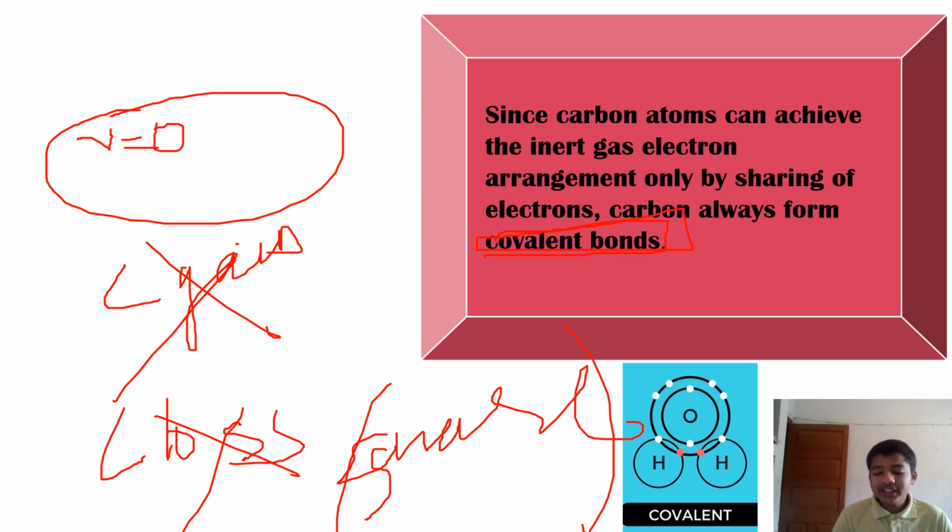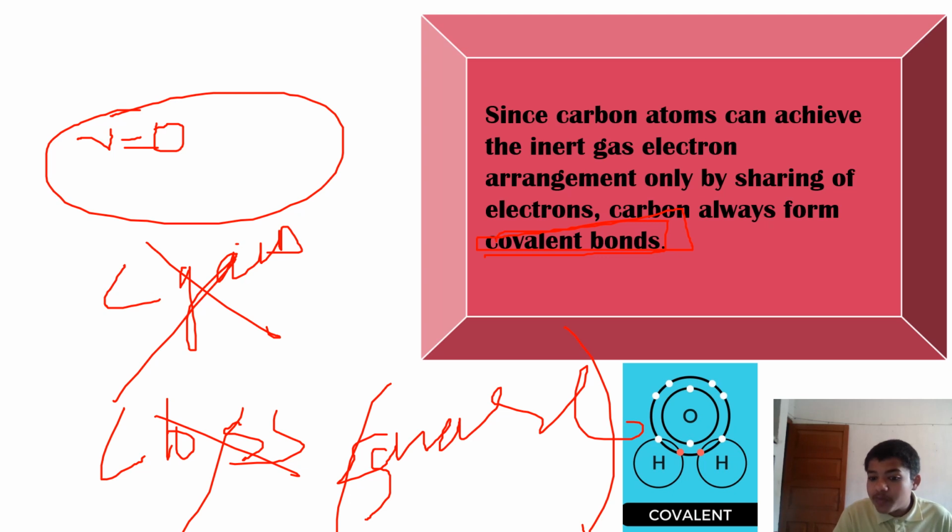Is that clear? See, in the case of NaCl, Na will lose an electron and Cl will gain 1 electron, right? So what is the name of that gaining or losing of electrons? You have studied it in the previous chapter. That is known as ionization or ionic bond. When the atom gains or loses electrons, that is known as ionization or ionic bond. But when an element shares its electrons, that is known as covalent bond.